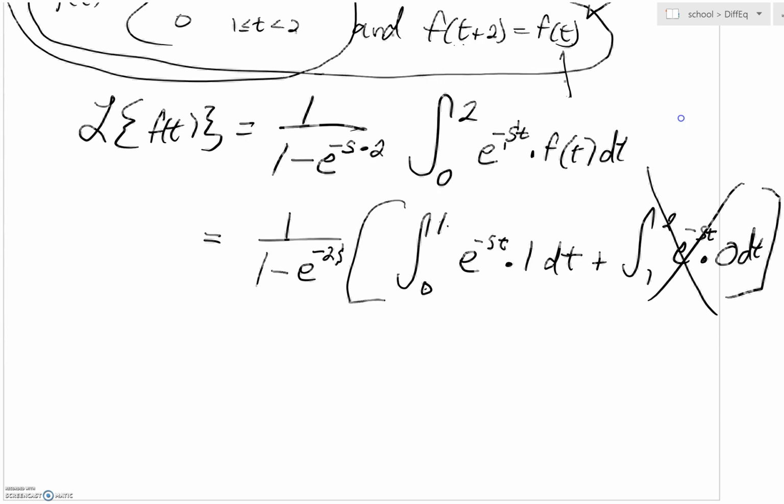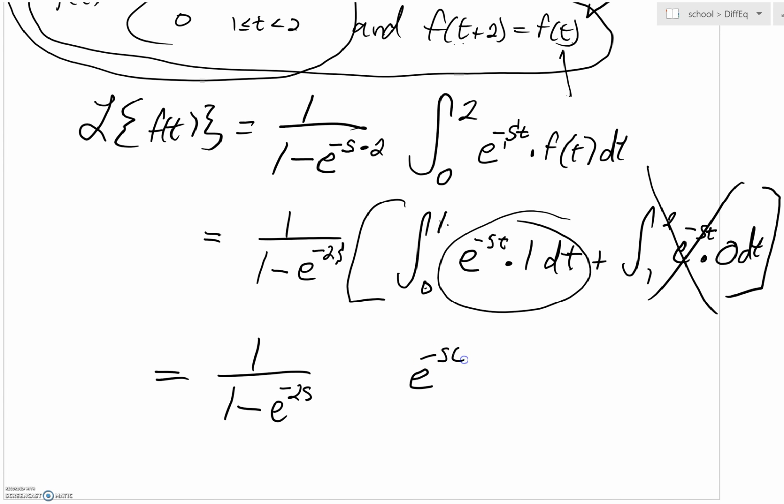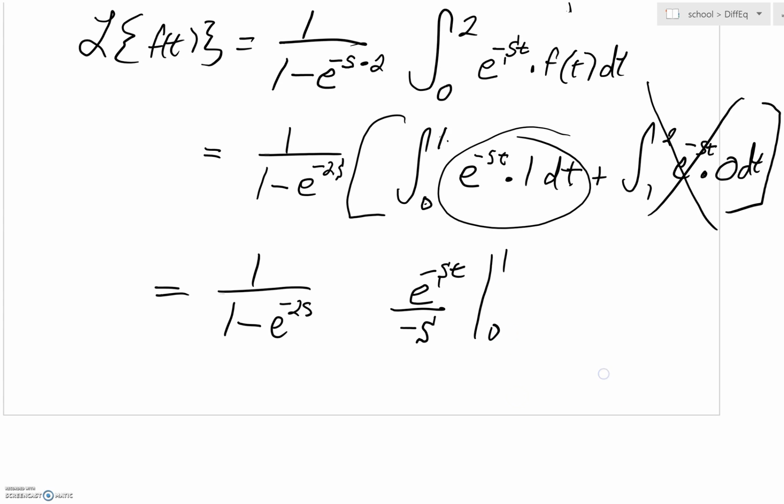So let's go ahead and see if we can finish this integral up. We'll have 1 minus e to the negative 2s. As we do an antiderivative with respect to t, we're going to have to reverse the chain rule. We'll have e to the negative st. Taking a derivative with respect to t, we'd multiply by negative s. Reversing the chain rule says we divide by that negative s, and then apply our bounds from 0 to 1.